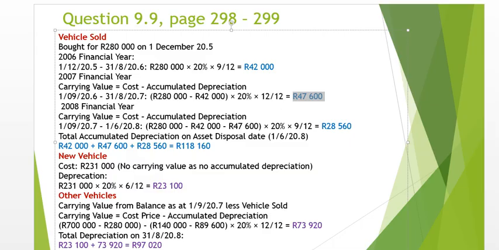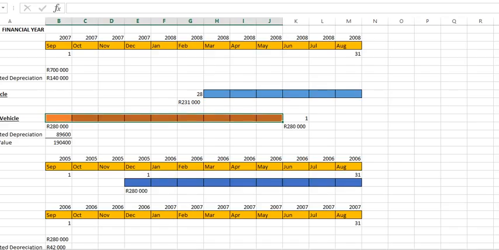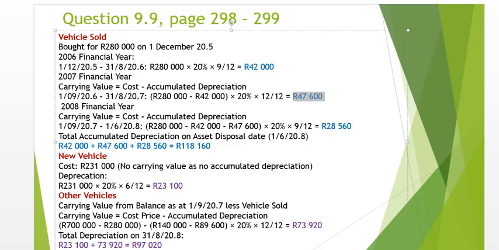So if we calculate that, we're going to take our carrying value of 190,400 Rand, depreciate at 20% for 9 out of 12 months. So the depreciation for the current financial year is 28,560 on this vehicle we're selling.